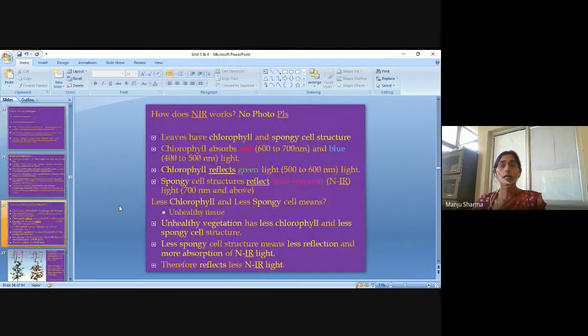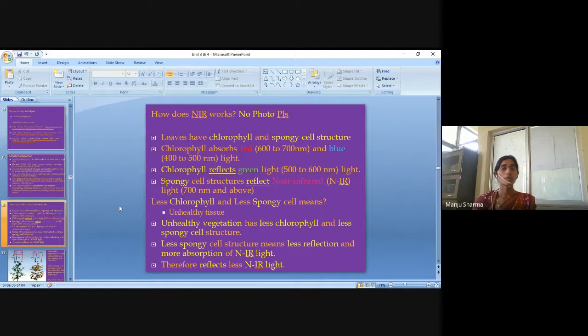How does NIR work? Leaves have chlorophyll and spongy cell structure. Chlorophyll absorbs red, that is 600 to 700 nanometer, and blue, 400 to 500 nanometer, light. Chlorophyll reflects green light, 500 to 600 nanometer.